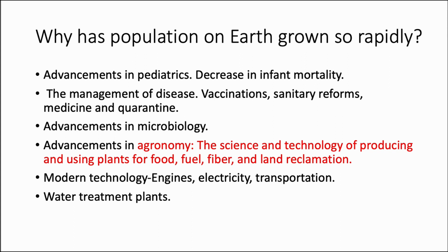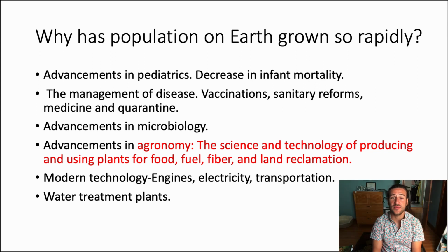In the early to mid 1800s, we have several advancements that helped humans accelerate their population. So I'm going to go through many very important things that allowed humans to grow rapidly. One is advancements in pediatrics.